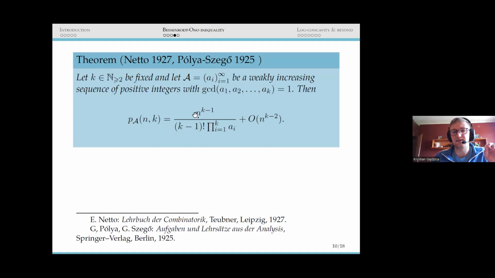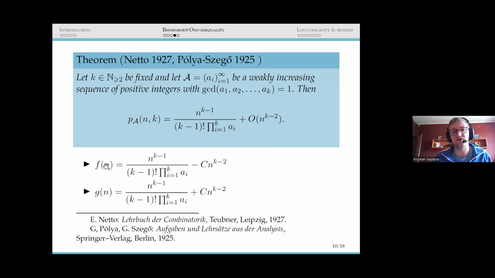We have that the leading coefficient of this polynomial is of the following form, and the remaining terms are of order O(n^(k-2)). So our goal shrinks to finding f and g of the following forms. So we would like to find a real number C such that, of course, f is strictly smaller than p_A(n,k), and g is strictly larger than this number.